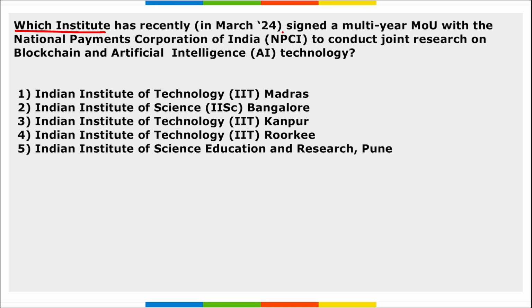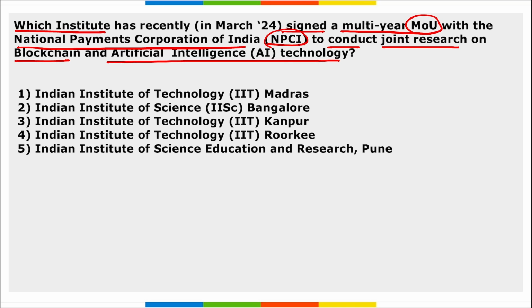Next is which institution has recently signed a multi-year MOU with NPCI, National Payment Corporation of India, to conduct joint research on blockchain and artificial intelligence technology. So it is IISc Bangalore, right? NPCI has signed a multi-year memorandum of understanding with IISc Bangalore, right? And it is to conduct research on blockchain and artificial intelligence, because these are the two technologies that are highly in demand right now.